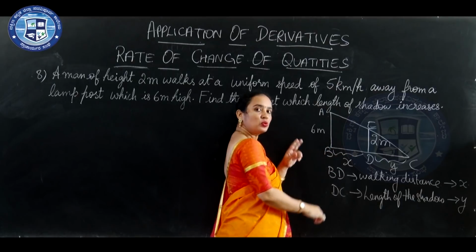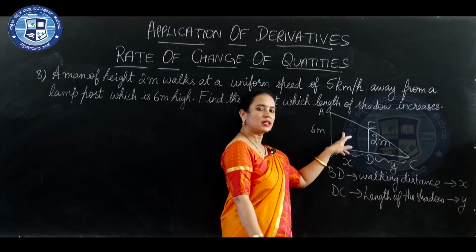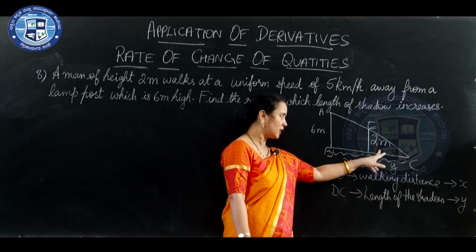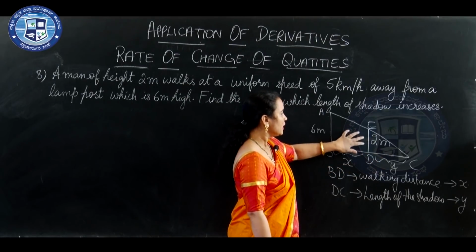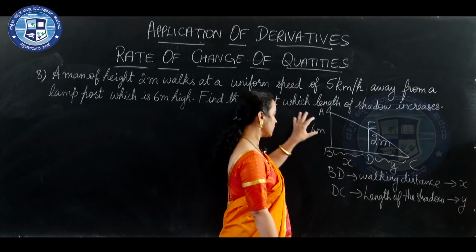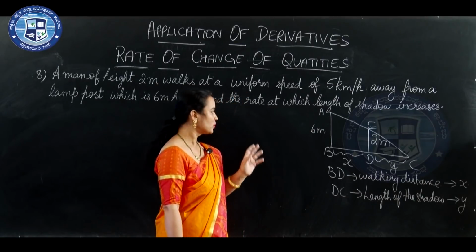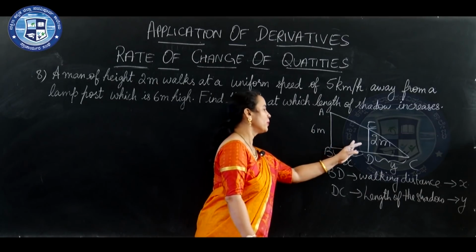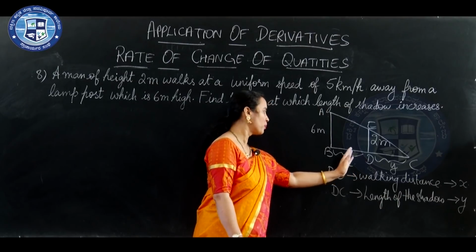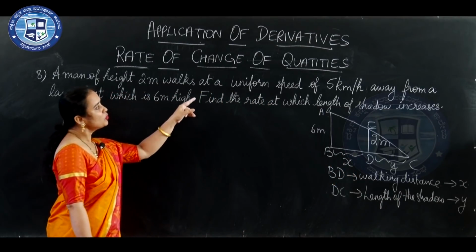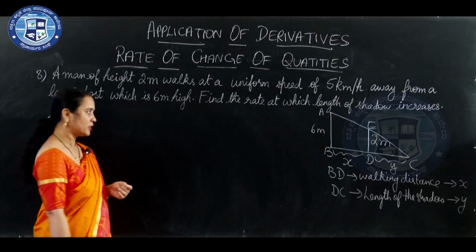You have two triangles over here, triangle ABC and triangle CDE. I will repeat, DE is a man of height 2 meters, AB is a lamppost of height 6 meters. Man walks away from a lamppost at a uniform speed of 5 km per hour.